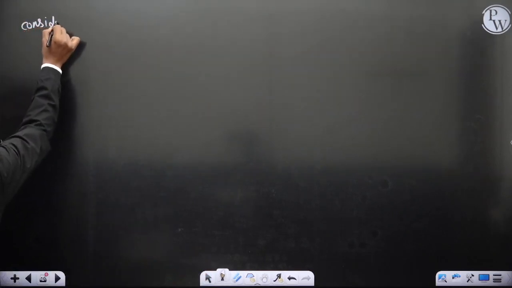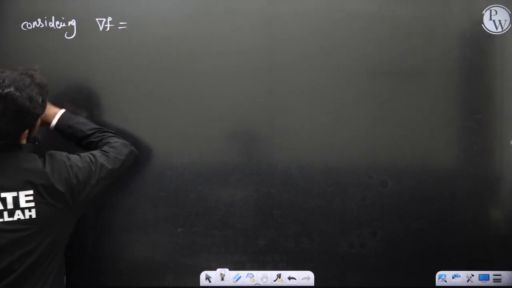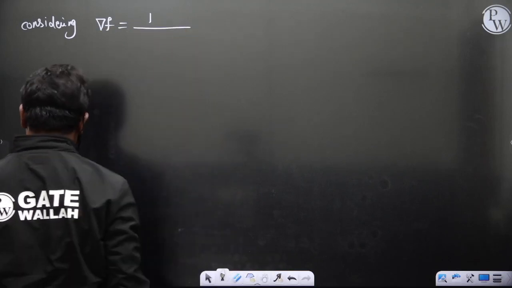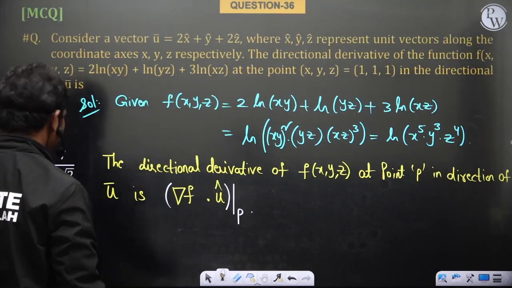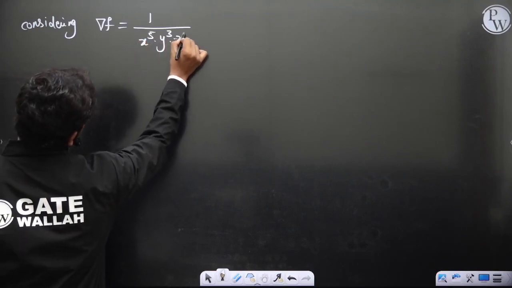Considering the gradient of the scalar function, this gives 1 divided by x power 5 y cubed z power 4.